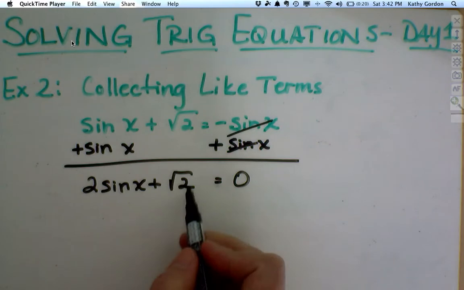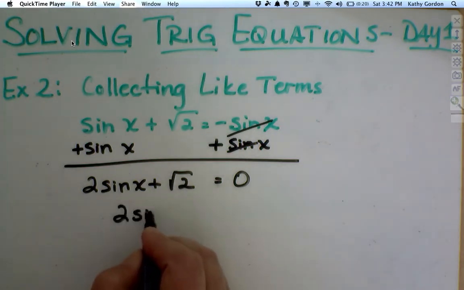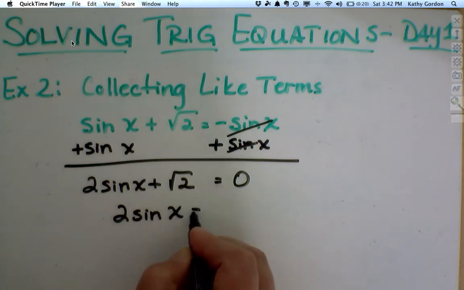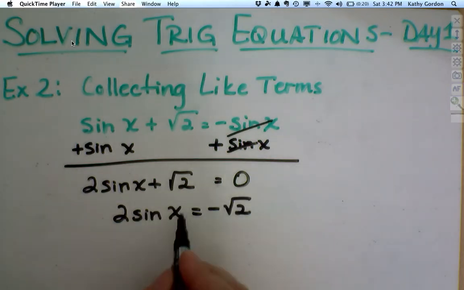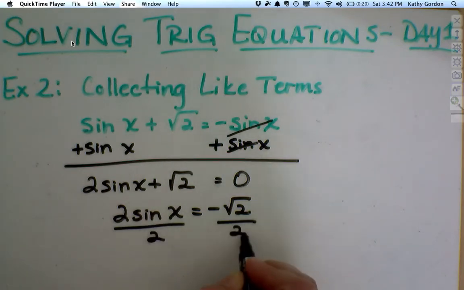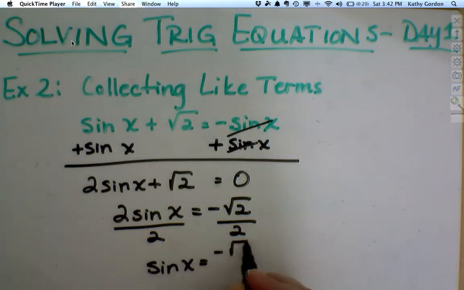Now the square root of 2 is not a like term, so we're going to move that over to the other side by subtracting that. And then to get our sine of x completely isolated, we'll divide both sides by 2. So we end up with the sine of x being equal to negative square root of 2 over 2.